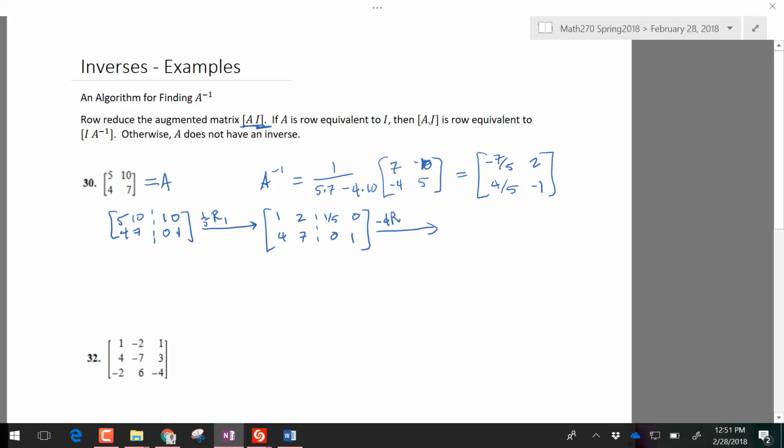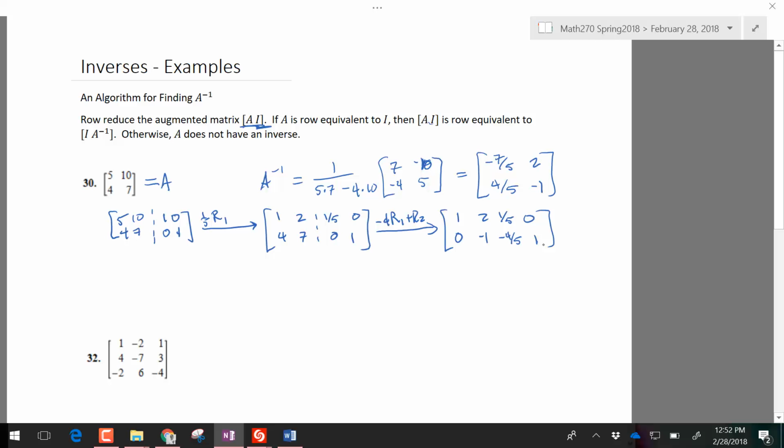So -4 row 1 plus row 2. That would make that into a 0, one of our goals. So this becomes -8 plus 7 is -1, and -4 over 5, and just 1, that didn't change.